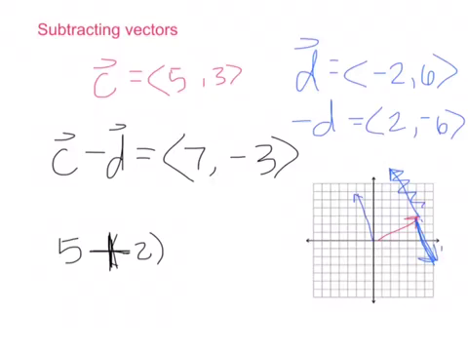So again, our answer vector C minus D will start where the first one starts and end where the last one ends, which is 7, negative 3. This point right here is 7, negative 3.